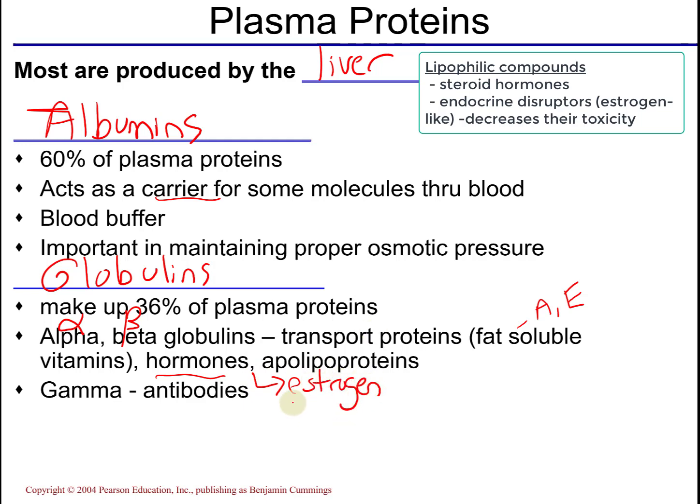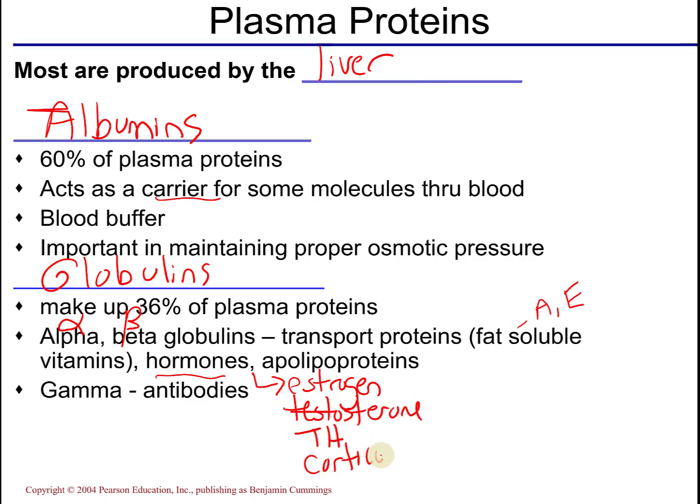These are steroid hormones, testosterone, thyroid hormone, and corticosteroids. The other thing that's transported by globulins are apolipoproteins.